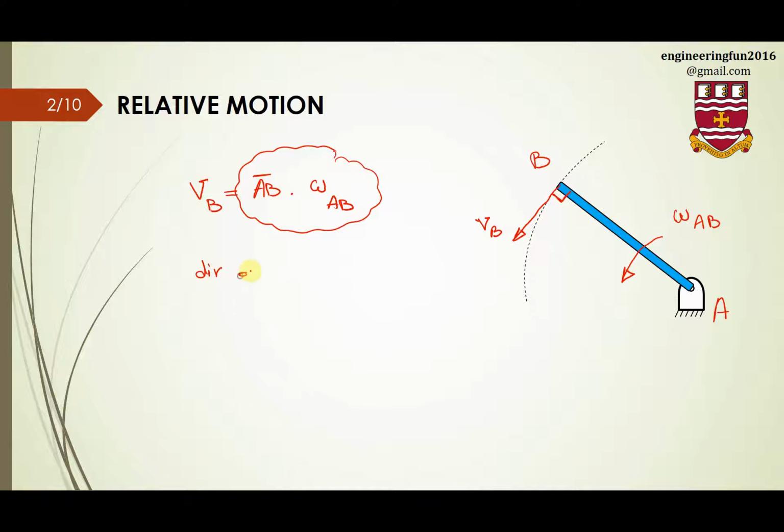And the direction of VB is perpendicular to AB, to the rod. I could say that this is my R direction and this is my theta direction, and it is in theta direction.